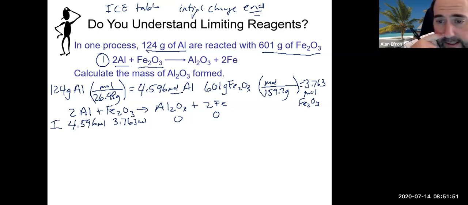The change part is usually represented in an ICE table by a letter, and it's usually X. X represents the change. If we assume this reaction is happening, it is proceeding from reactants to products. So as this reaction takes place, the amount of reactants should decrease with time, right?